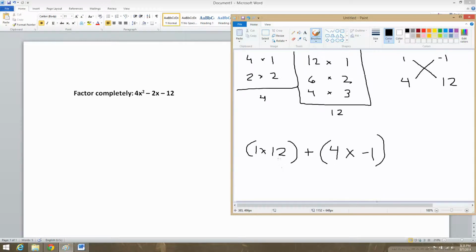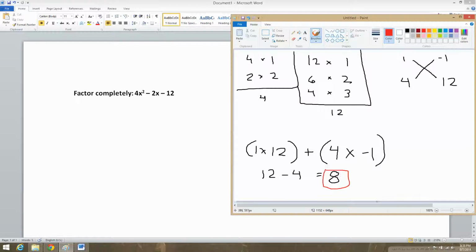And that's going to turn out to be 12 minus 4, since 4 times -1 is negative, so it ended up being -4. And when you add a negative, it's going to subtract. So it'd be 12 minus 4, and the answer is 8. So that is going to be incorrect. That is going to be completely incorrect.